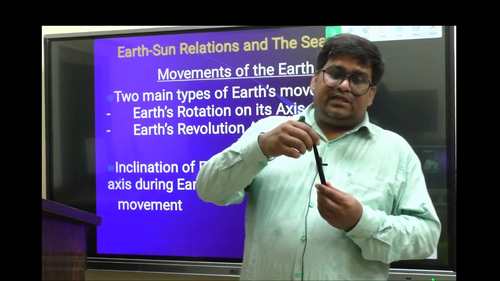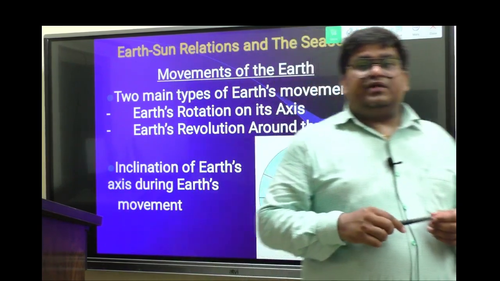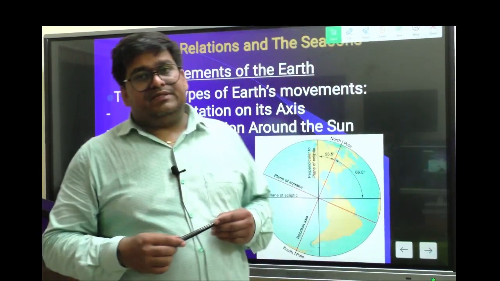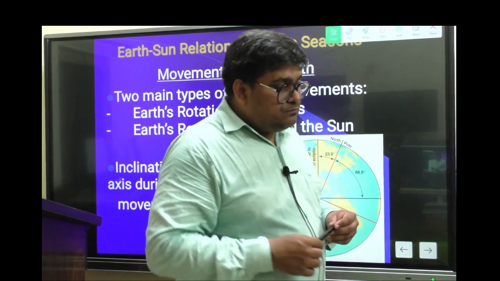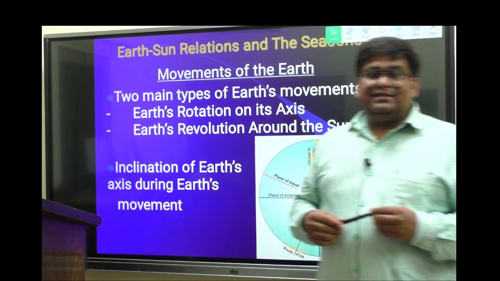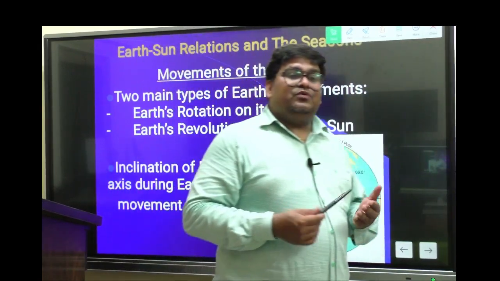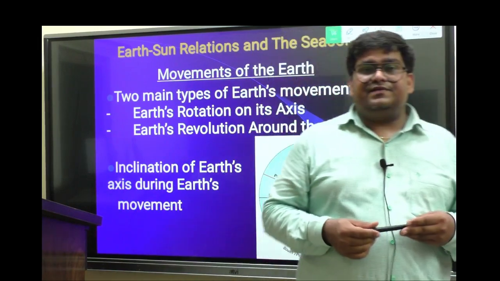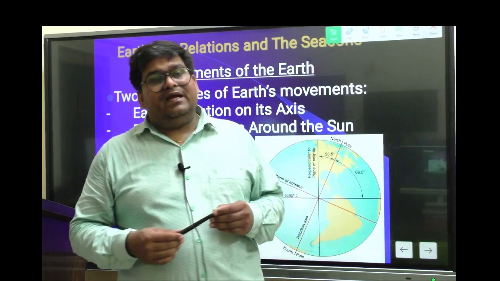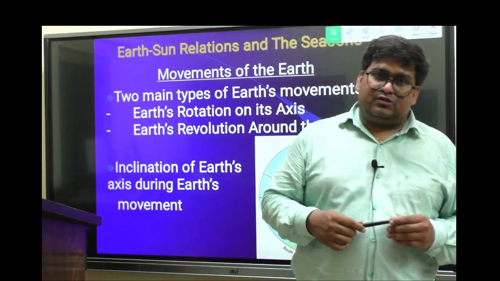So the Earth has two types of motion: rotation and revolution. The most important point is that different phenomena happen because of the rotation. You might have experienced the phenomenon of day and night. Day and night occur because of the rotational movement of the Earth.